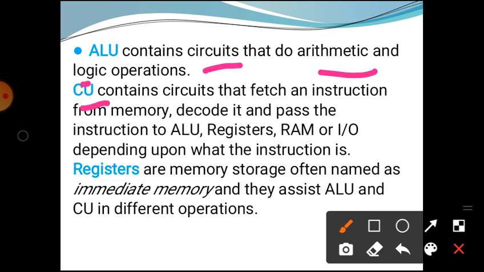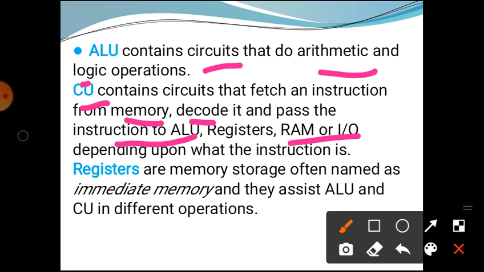Here the CU, that means the control unit, contains circuits that fetch an instruction from memory, decode it, and then pass the instruction to the ALU, register, RAM, as well as input output, depending upon what the instruction is. That means the control unit fetches the instruction coming from input devices or from memory, then decodes that instruction, and after decoding it passes the instruction to the arithmetic and logical unit.